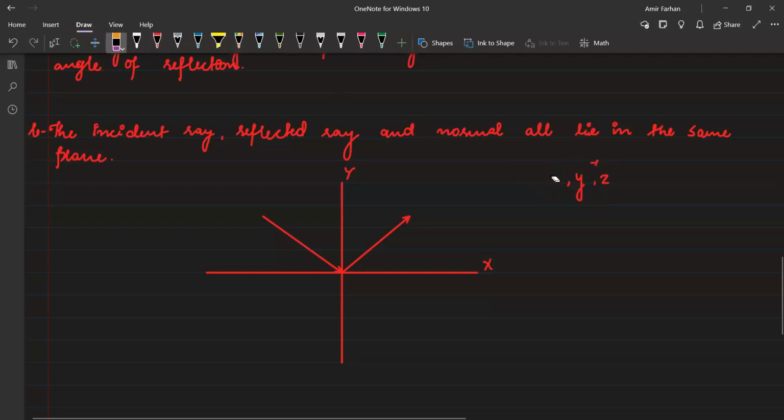Whenever the word plane comes into physics or maths, it means two dimensions, a two-coordinate system. Okay? Any doubt so far, Ayaan? No. Okay, very good.